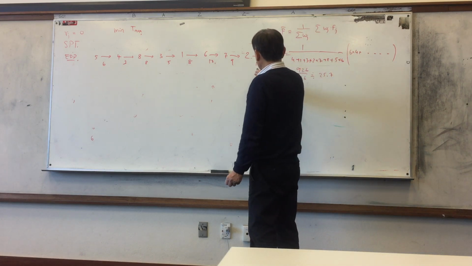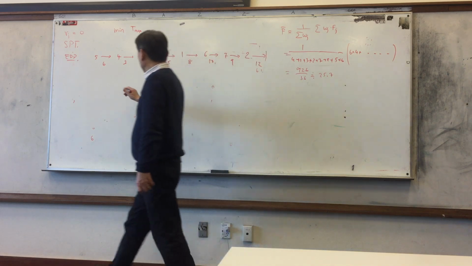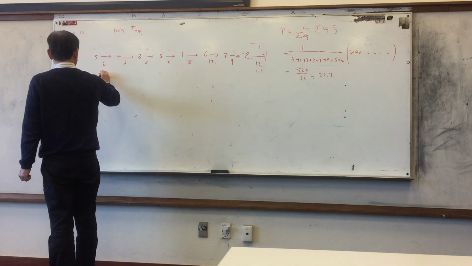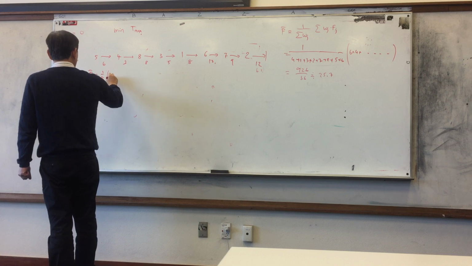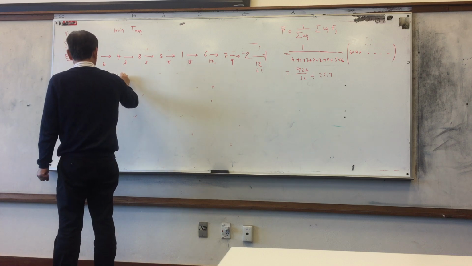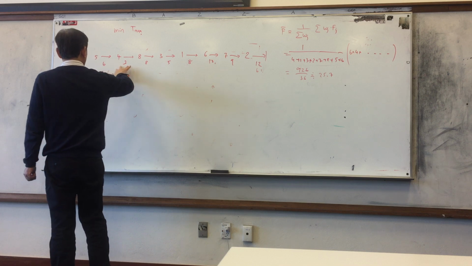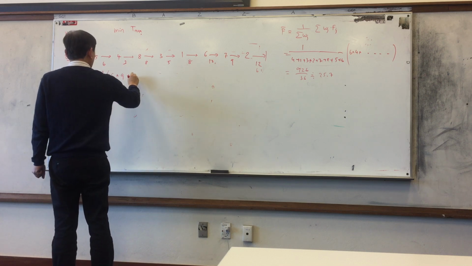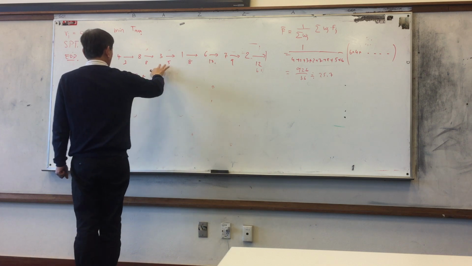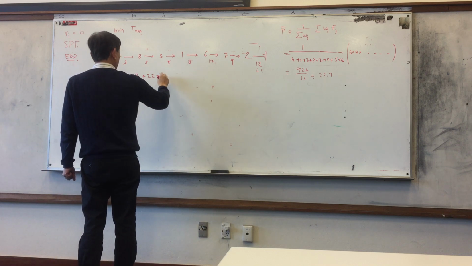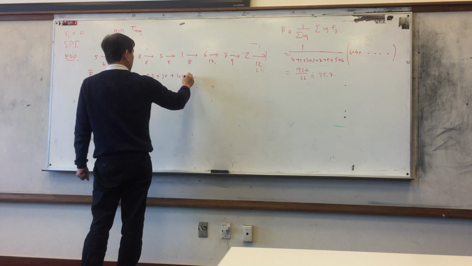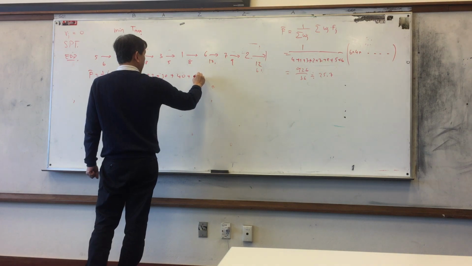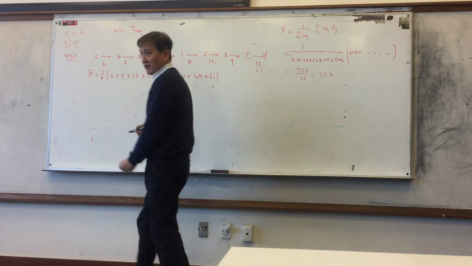The average flow number F bar is equal to 1 over 8 times the sum of 6 plus 3 is 9, plus 8 is 17, plus 5 is 22, then 30, then plus 40, then plus 49, then plus 61. So this is just my average flow time.